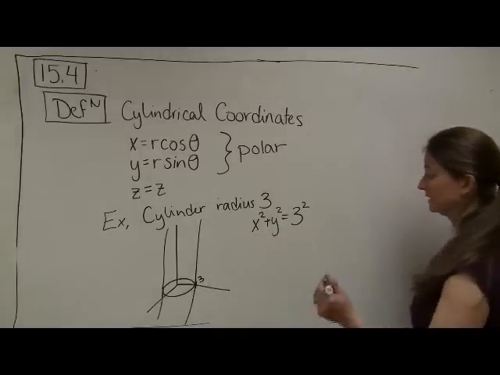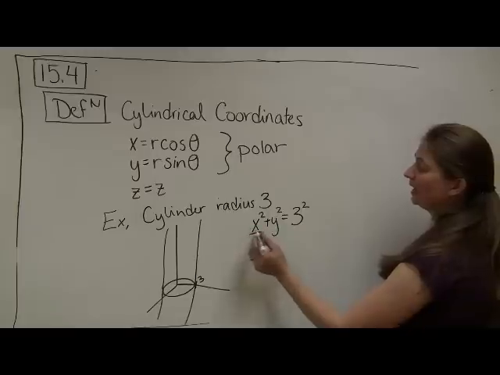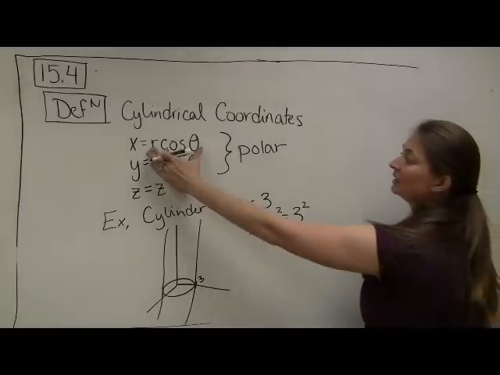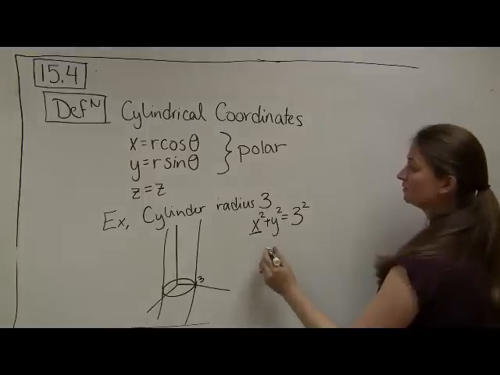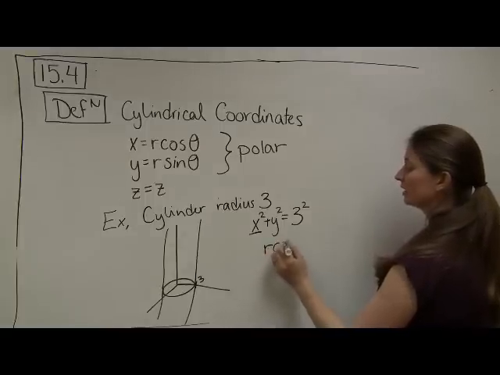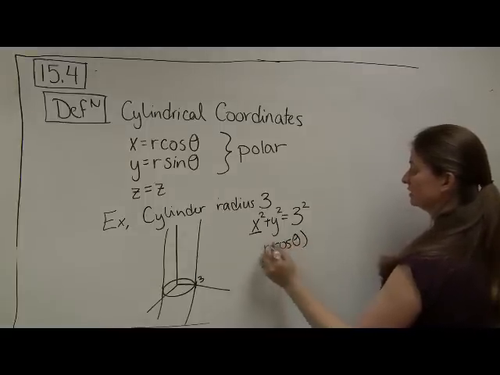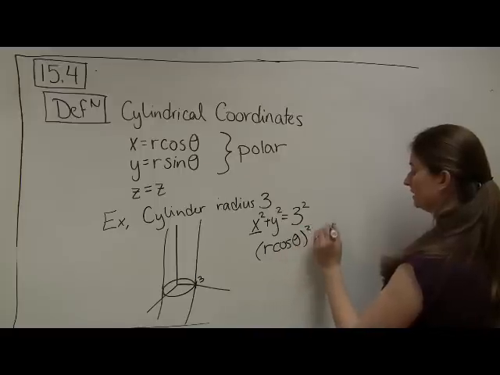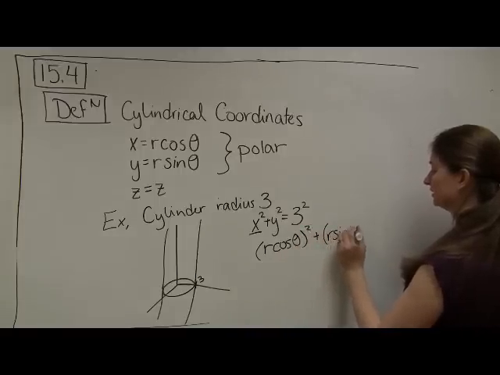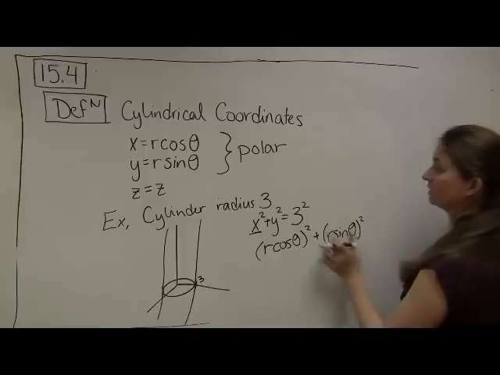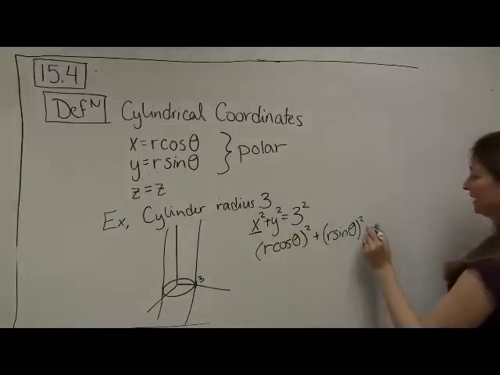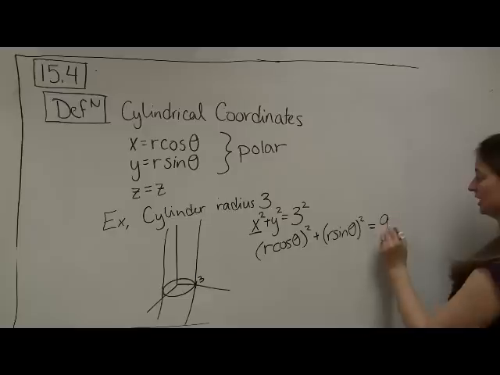My first method is algebraically. I could say, aha, I know what x is, x is given by this. So when I convert it to polar coordinates, it becomes (r cosine theta) squared plus (r sine theta) squared, because my y coordinate is r sine theta, has to be equal to 3 squared, which is 9.